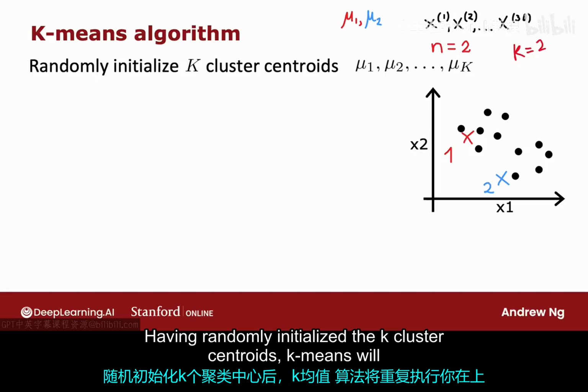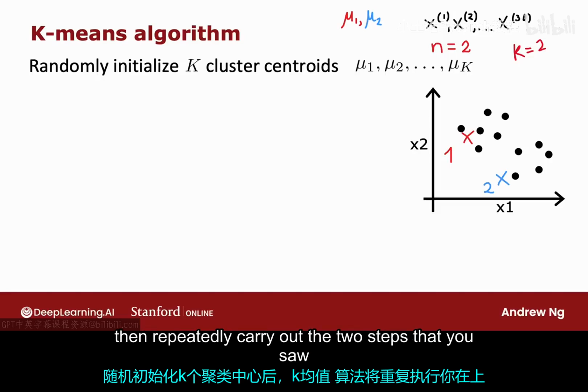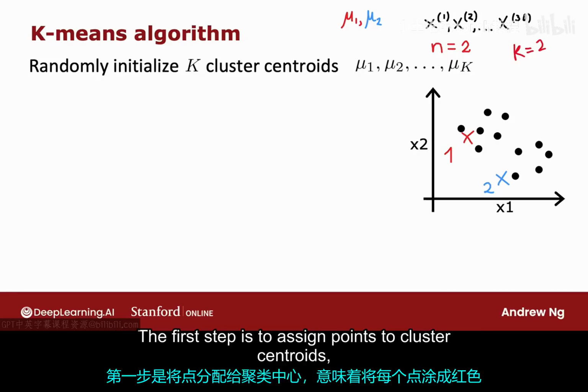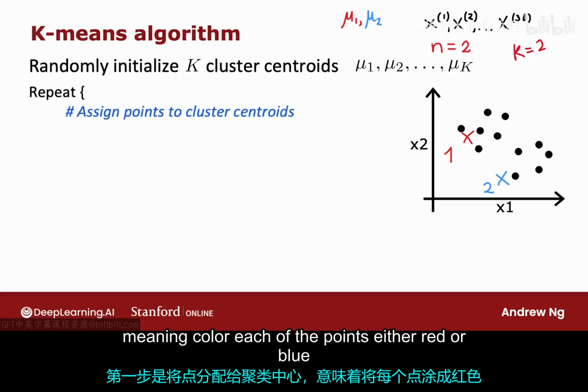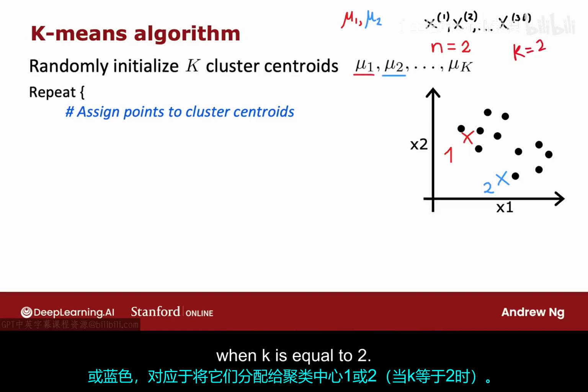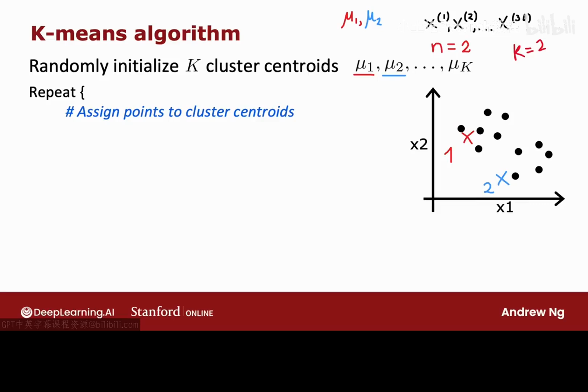Having randomly initialized the k cluster centroids, k-means will then repeatedly carry out the two steps that you saw in the last video. The first step is to assign points to cluster centroids, meaning color each of the points either red or blue, corresponding to assigning them to cluster centroids 1 or 2, when k is equal to 2.